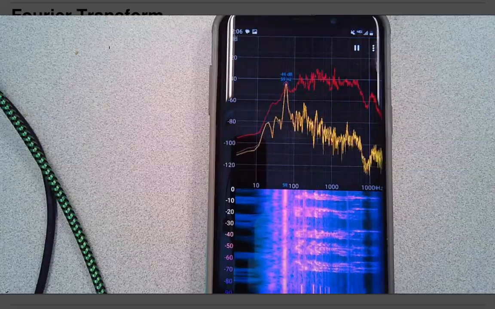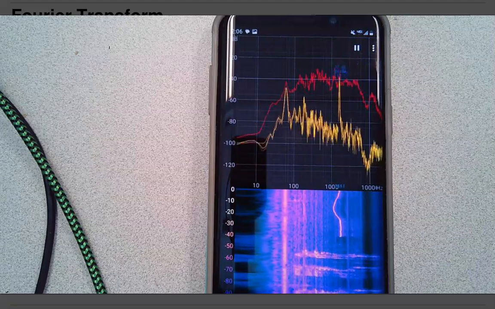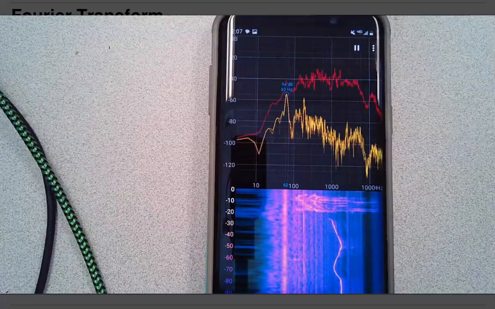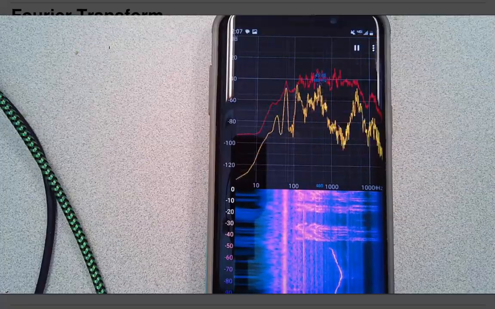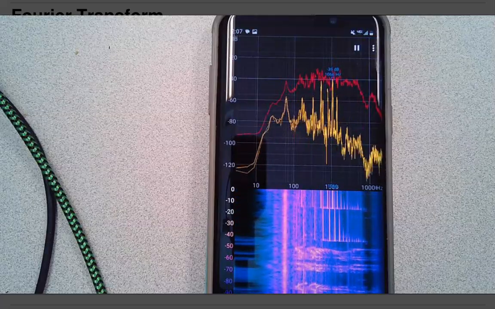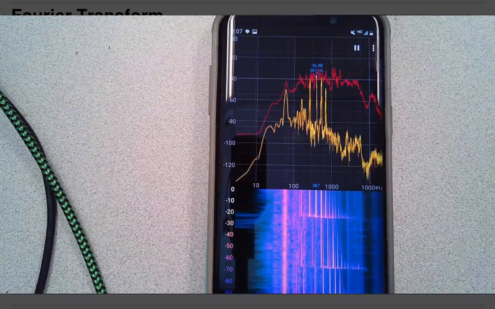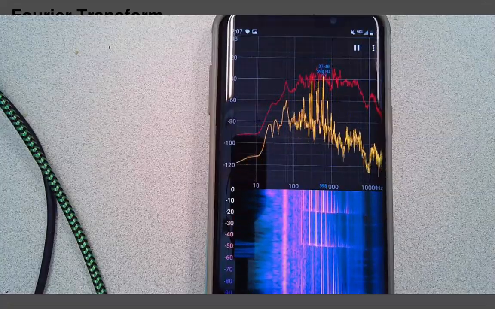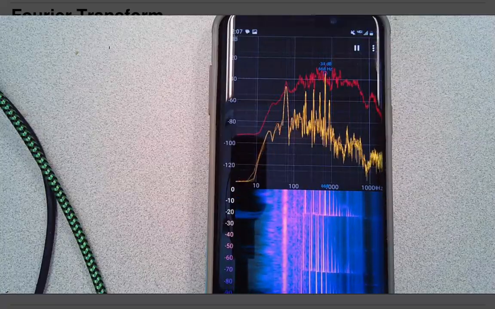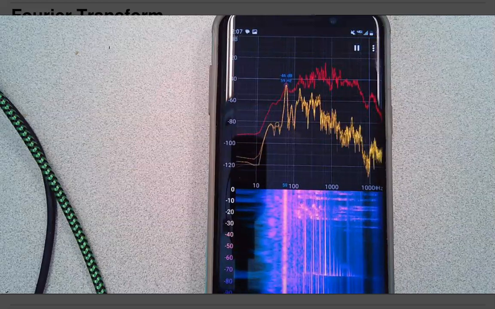If I whistle, a whistle's a pretty clean sine wave. If I do instruments, like these tubular bells, those are the different frequencies that make up the waveform.